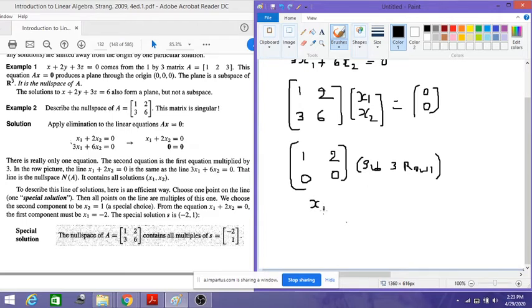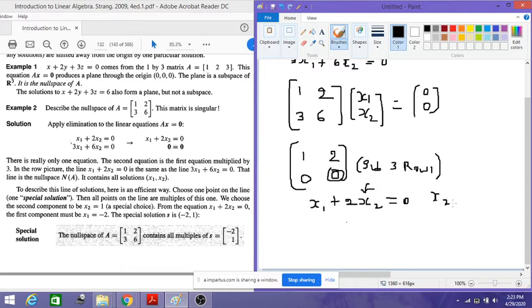Therefore I can write this as x1 plus 2 x2 equal to 0. The first pivot is 1, fine, but for the second pivot here it is 0, so there is no pivot. So this column has become a free column. It means I can substitute any value for x2. I'll just substitute x2 equal to 1.